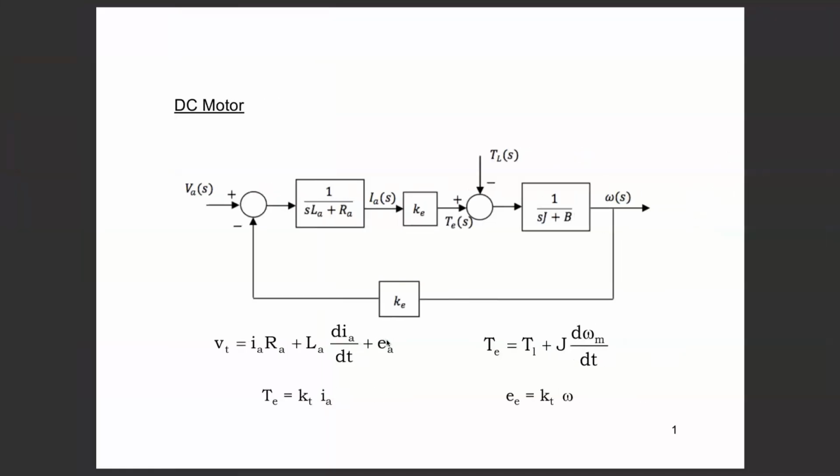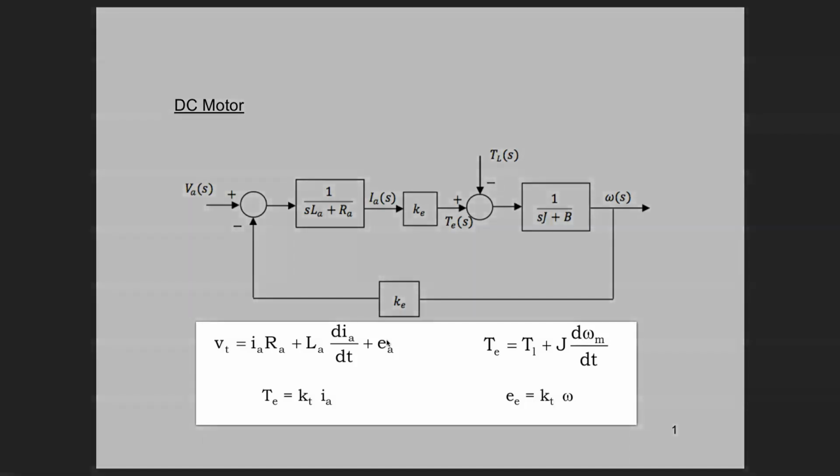This is the transfer functions of the DC motor that we have constructed earlier based on the four equations shown here: the armature voltage equation, the torque equation, the torque speed or mechanical speed equation, and the back EMF equation.